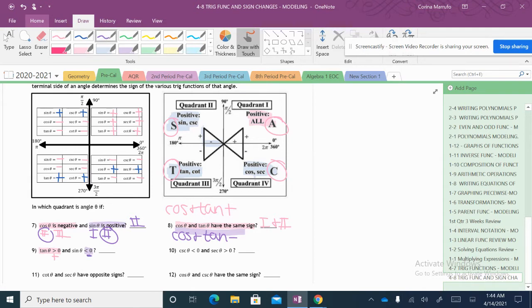So we're going to look for where tangent is positive and sine is negative. Tangent is positive here and here. But sine is negative here and here. So the one that satisfies both conditions would be quadrant 3. That would be your answer here, quadrant 3.